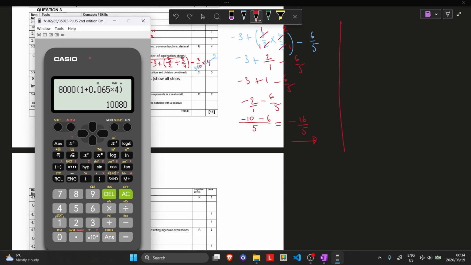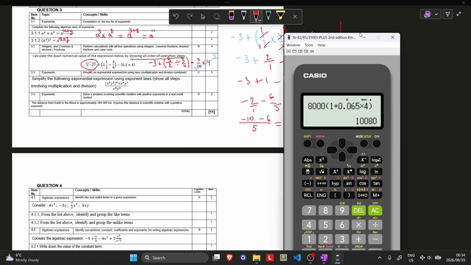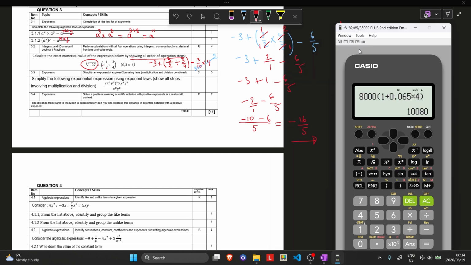So you take your calculator. You will do the cube root. Shift cube root of negative 27. So this is the first thing you want to calculate, right?